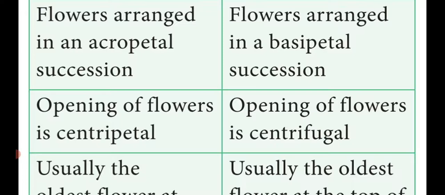That type of opening of flowers is known as centripetal opening, which is present in the racemose inflorescence. Next one, in cymose, it is centrifugal opening of the flowers. That means from the center towards the periphery or margin. That is known as centrifugal opening of the flowers.